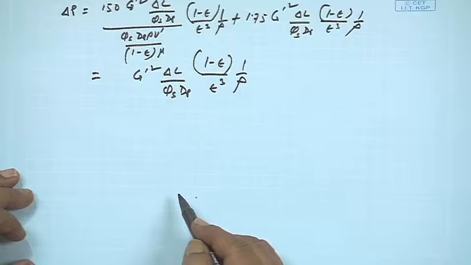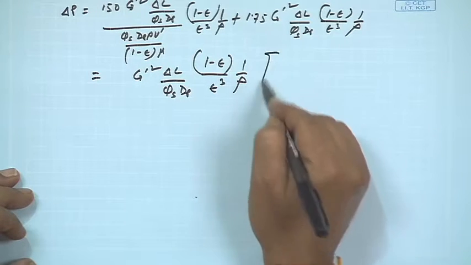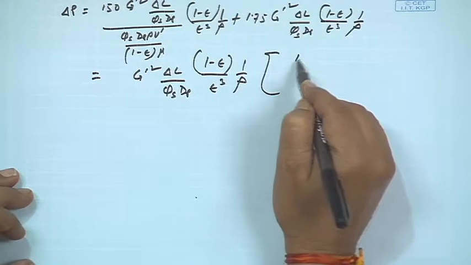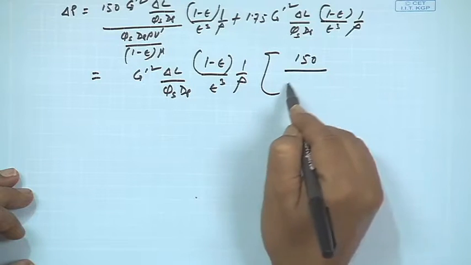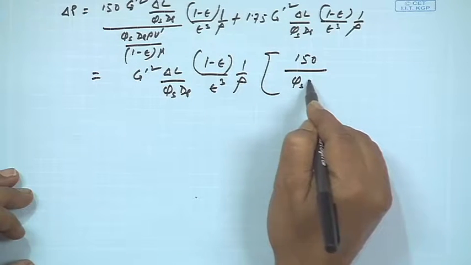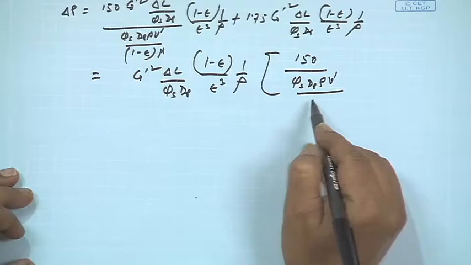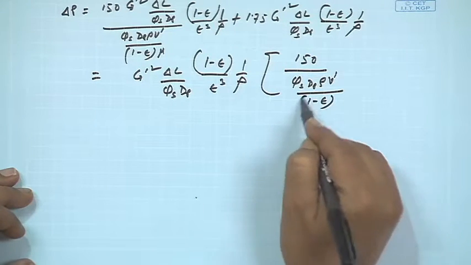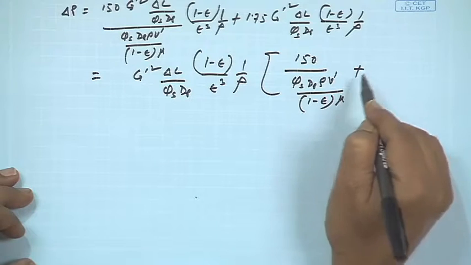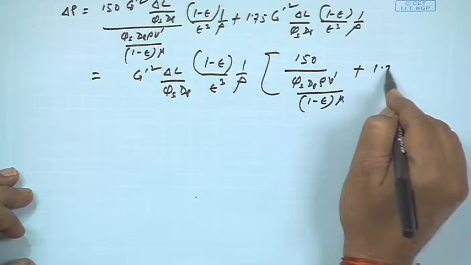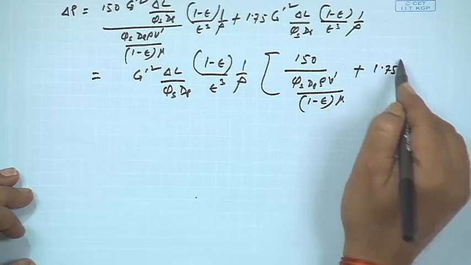Up to this it is common in both the cases, then it remains 150 over phi s dp rho v prime divided by 1 minus epsilon into mu plus 1.75, right.